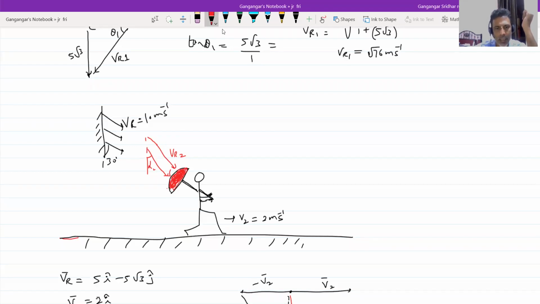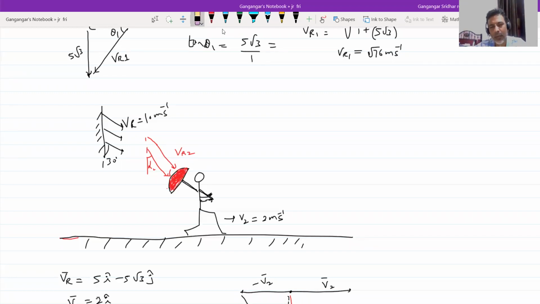Now the raindrops will come from behind, no? The raindrops will come from behind. He has to hold the umbrella in this direction.